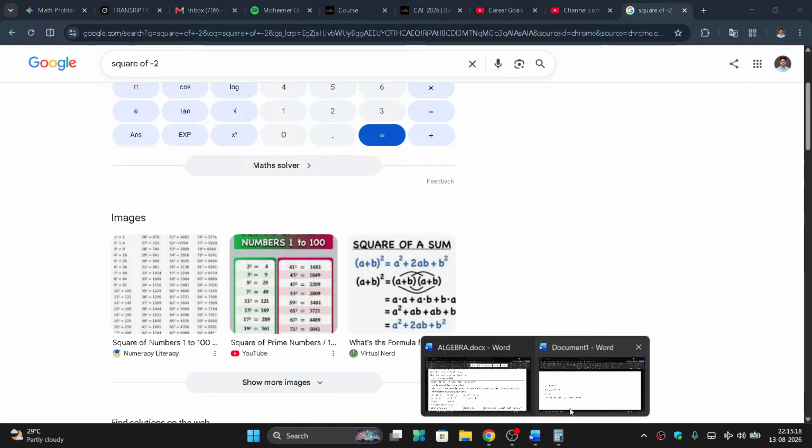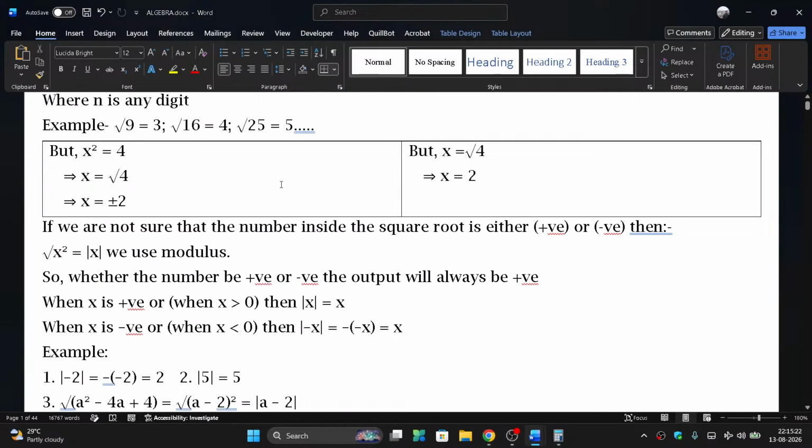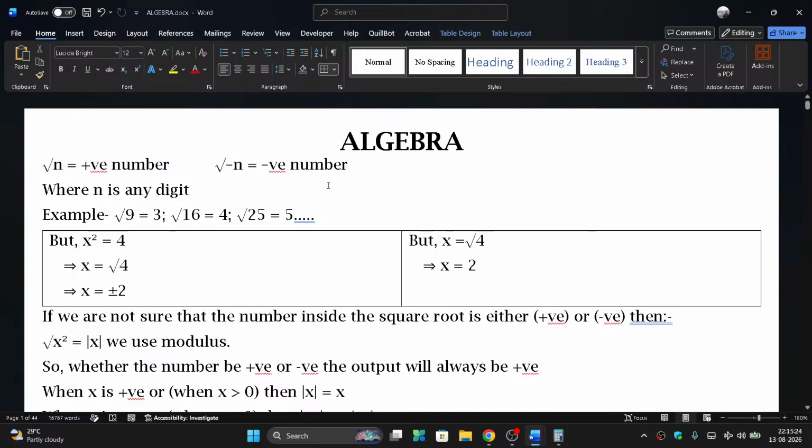It also can't be negative. Square of any number cannot be negative. Even square of a positive number is, then I don't think this is true. I think I have made a mistake.